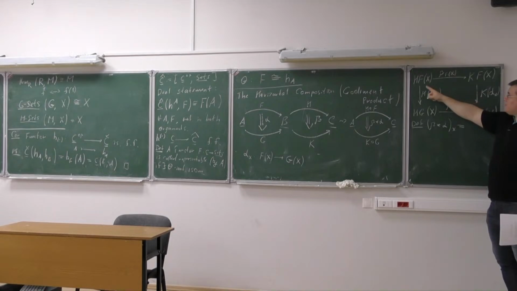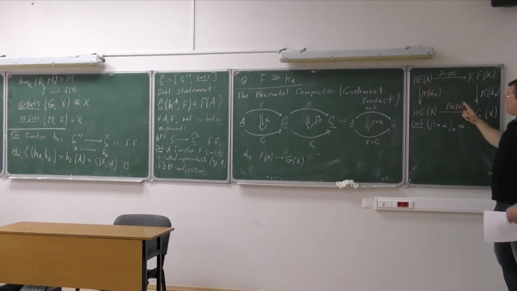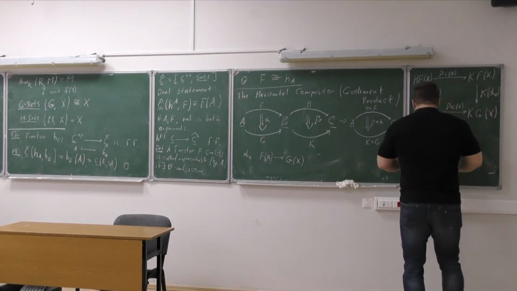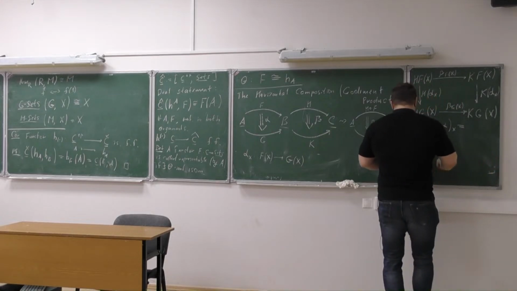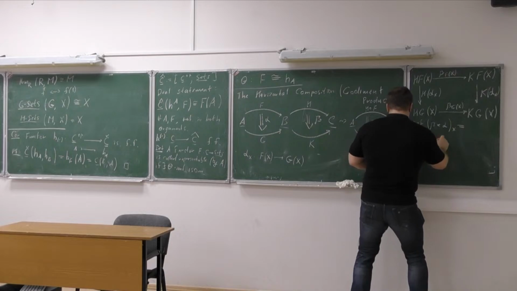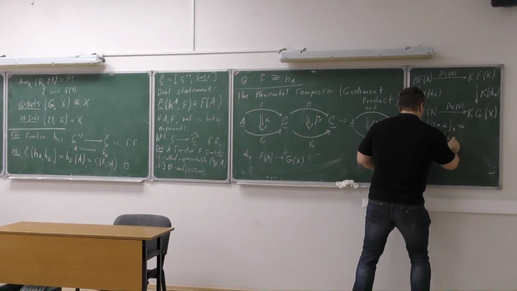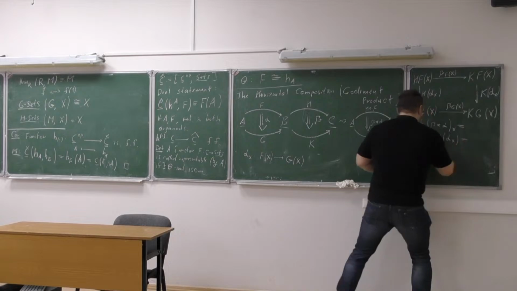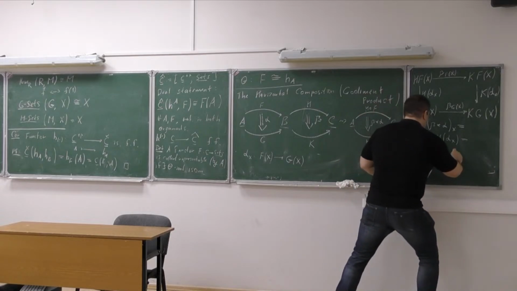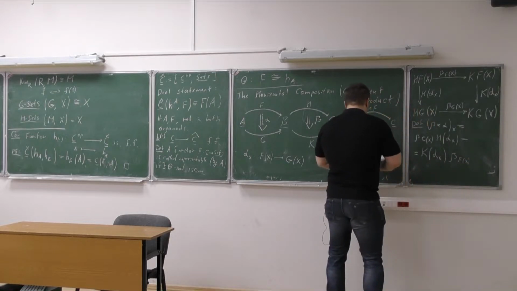So this is a natural transformation from this functor to this functor. We can say this is beta sub g of x composed with h of alpha sub x, or equivalently k applied to alpha sub x composed with beta sub f of x. So this is the definition.